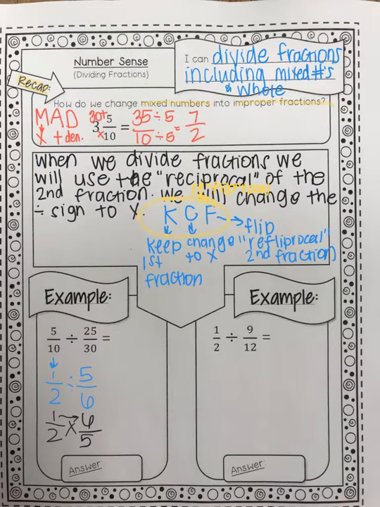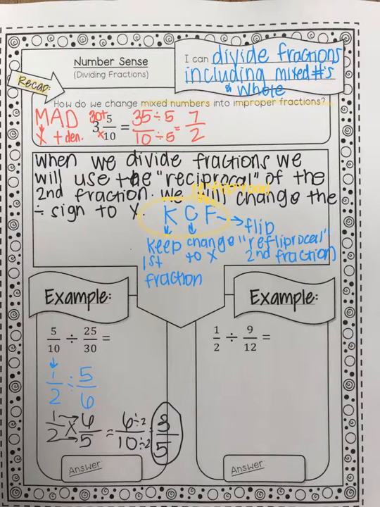So we're going to multiply across. 1 times 6 is? 6. 2 times 5 is? 10. Can you simplify 6/10? Yes. Oh, you can. They're both even. Divide both by 2. 6 divided by 2 is? 3. 10 divided by 2 is? 5. 3/5. Awesome job.